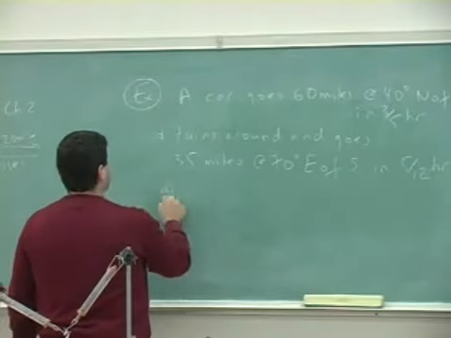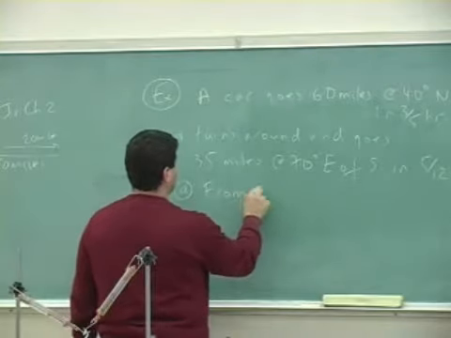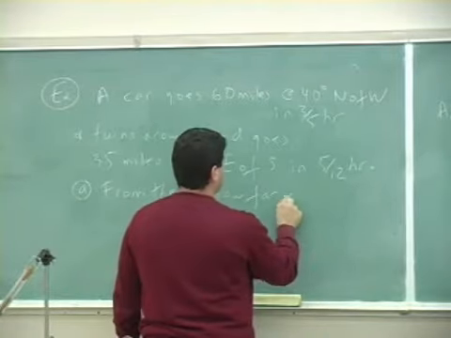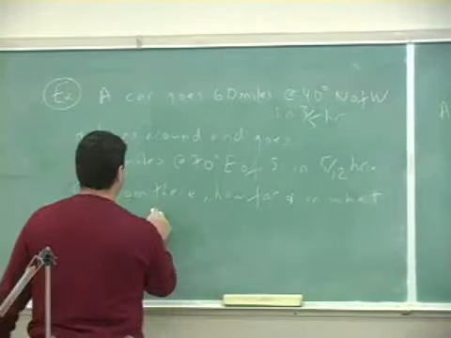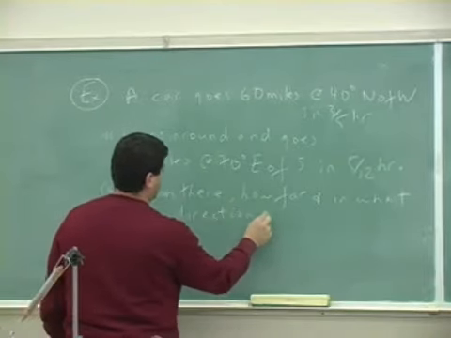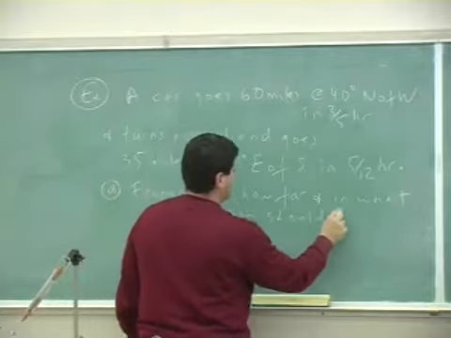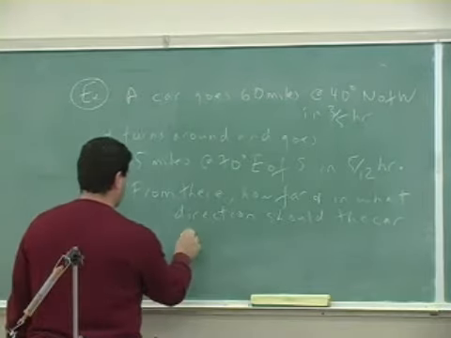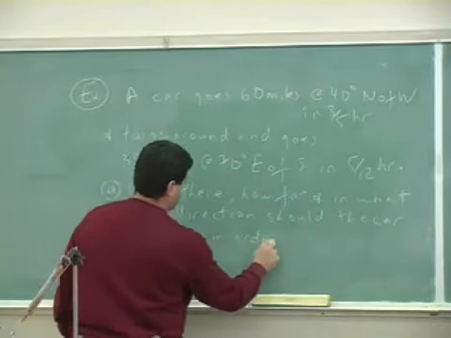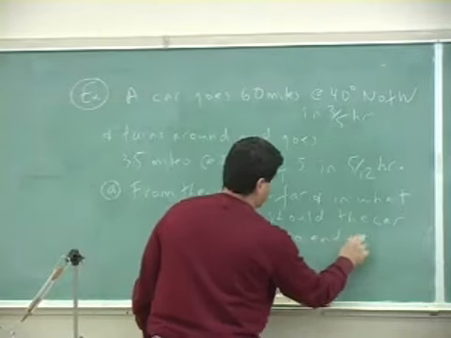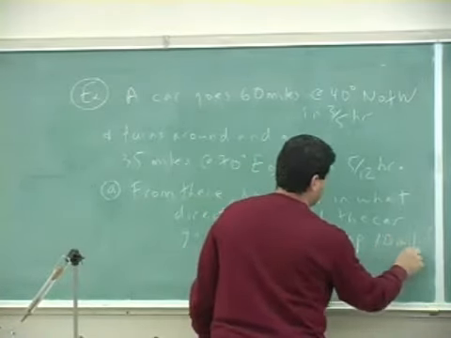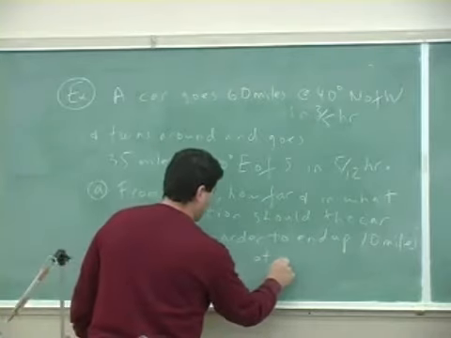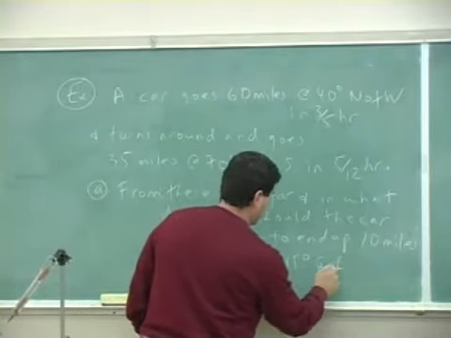So the first part of the question: from there, how far and in what direction should the car go in order to end up 10 miles at 45 degrees south of east?